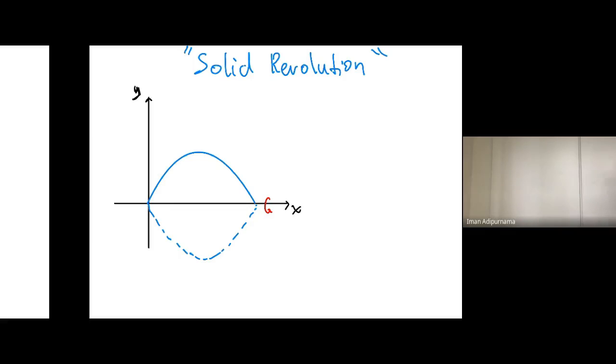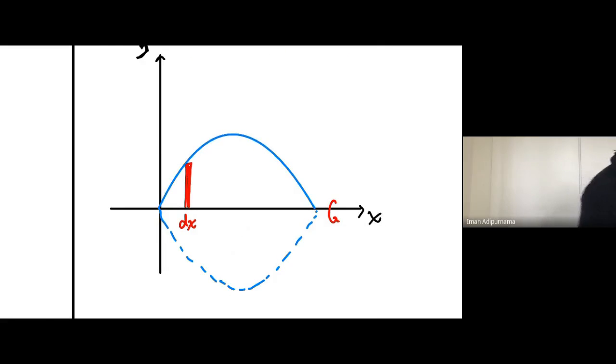So if we have this is the dx. If we have the rectangle here, and you move or rotate the rectangle, what will be the shape of the rectangle if you rotate about the x?